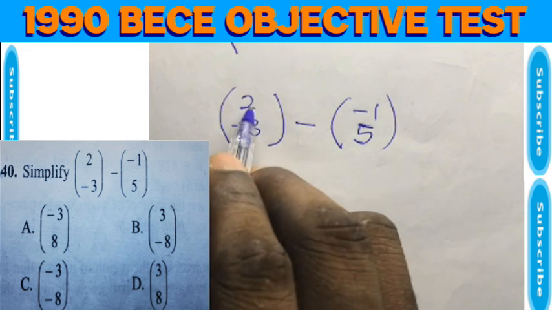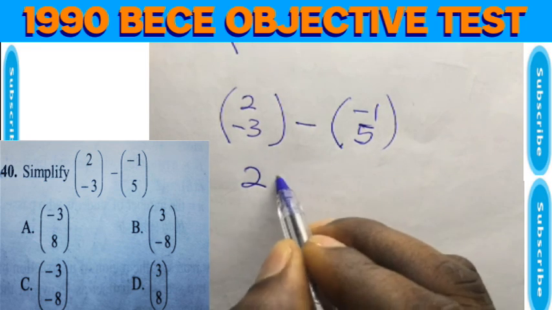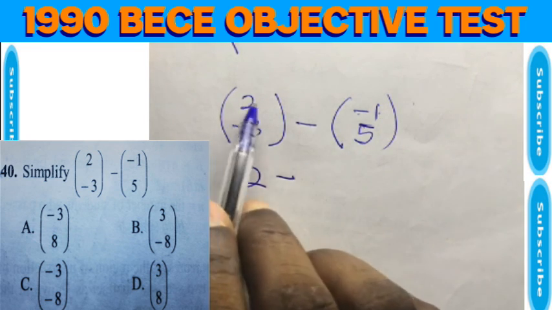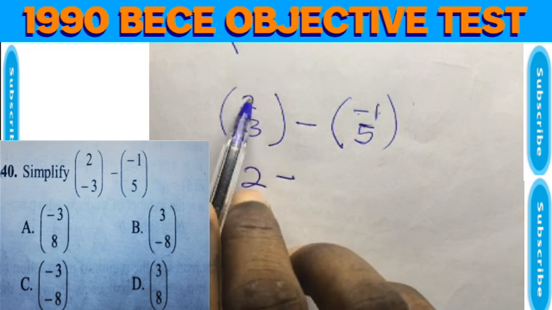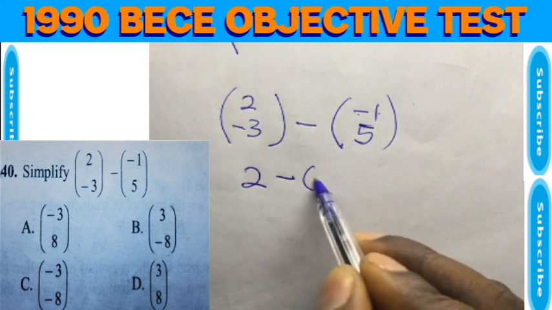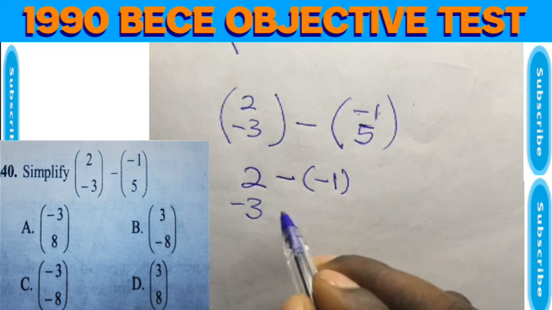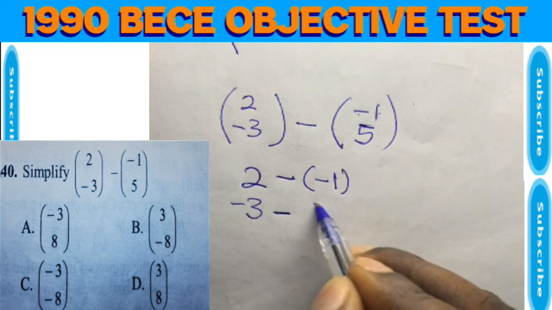So we have 2 over here, we have 2 over here minus, we have -1. So we subtract this from this, and then we subtract this also from this. So it is 2 minus -1. So that's how we write it, -1. And we have -3 minus 5.